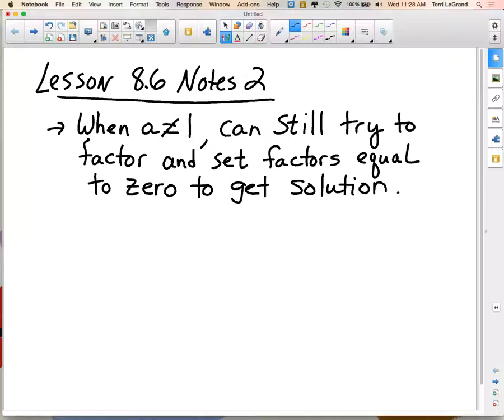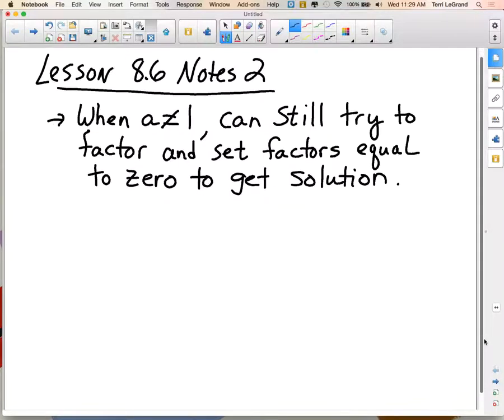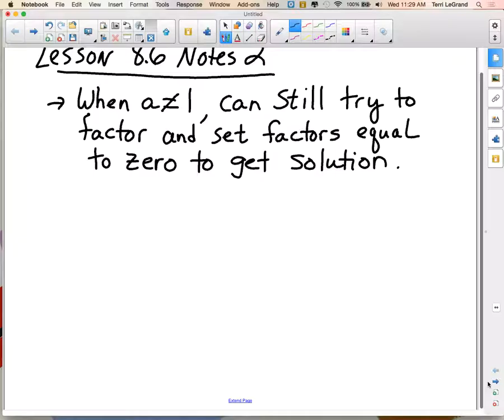In other words, when we're solving and A does not equal 1, we can still try to factor and then set our factors equal to 0 to get the solution. We use that zero product property that allows us to do that, get each factor solved for x, and then we know what our solutions are.